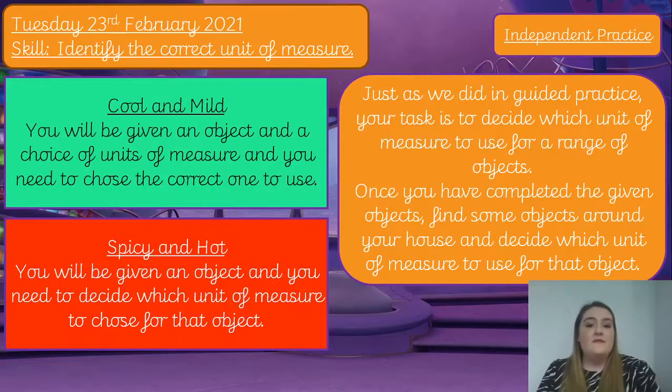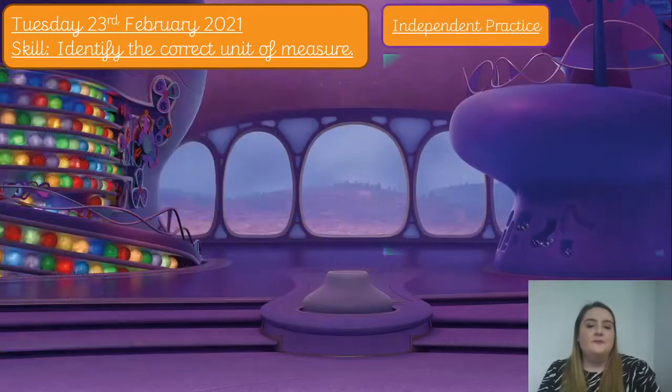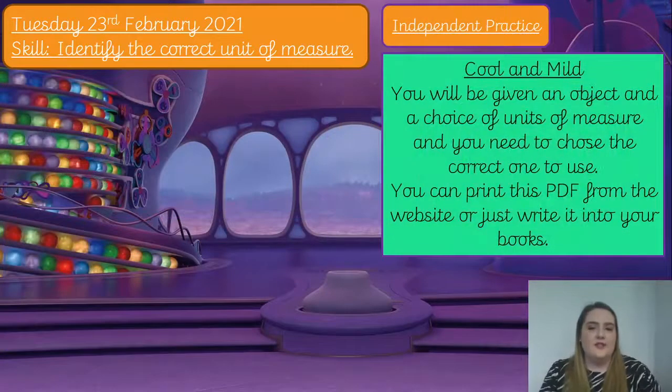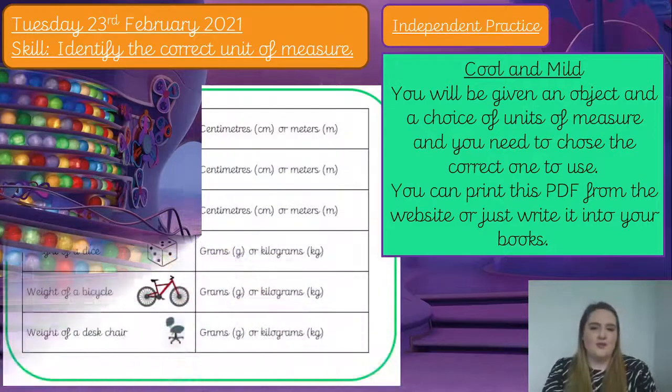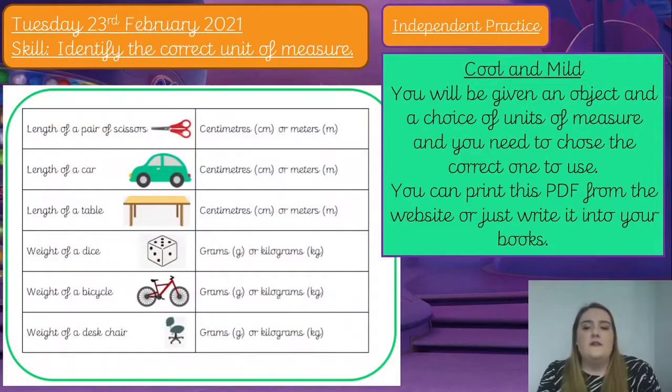Okay, but first of all, before you get on to that part, here are your challenges. So this is the cool and mild challenge. You will be given an object and a choice of the units of measure. If we have a look at the first example, this is your object, the length of a pair of scissors, and this is the choice of your units of measure. Would you use centimetres or would you use metres?